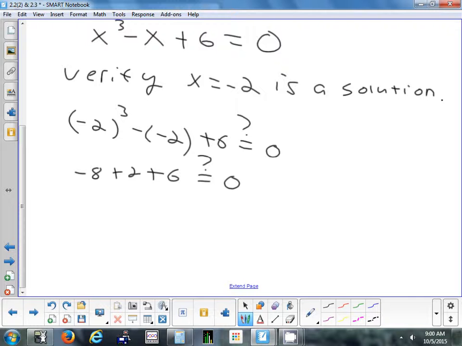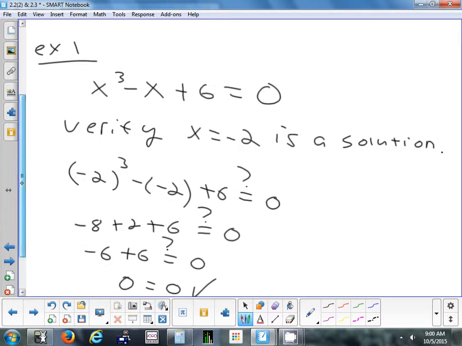Negative 8 plus 2 is negative 6. And is negative 6 plus 6 0? Yeah, so we're good. So negative 2 is a solution. We just verified it. Any question on how to verify a number is a solution? Okay.